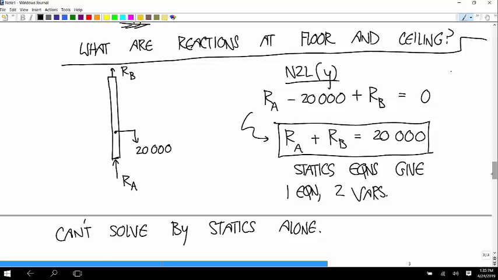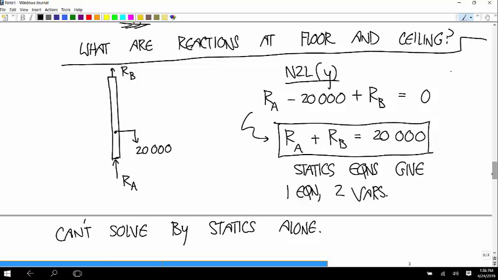And so you end up with only one useful equation, and there are two unknowns in that equation. So when you're done with all the statics, you see you have a system that you can't solve. You have one equation for two variables, okay? And that's the definition of statically indeterminate. You've gone through all the statics and you have more variables than equations.